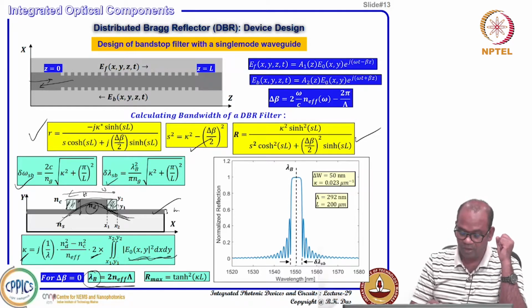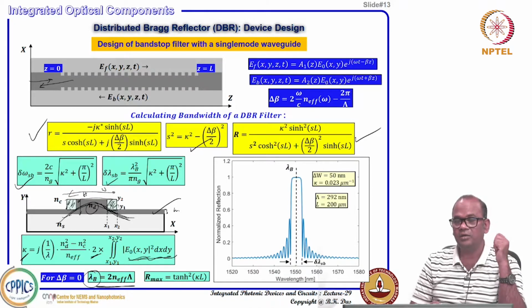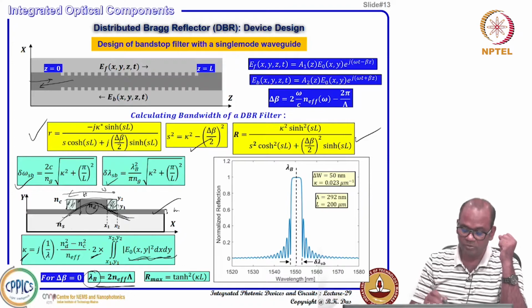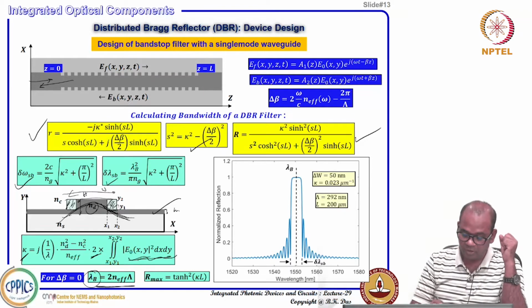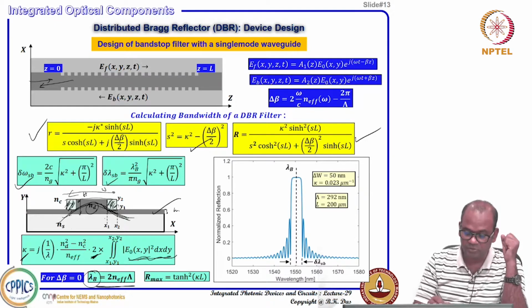That actually comes into your kappa calculation. You need to integrate only x1 to x2, y1 to y2 in the xy plane, because beyond that no perturbation is there. So normally to calculate kappa you need to know the field strength for the two coupled modes, as well as the region where you are getting perturbation. The factor 2 is there because we can have two sides.